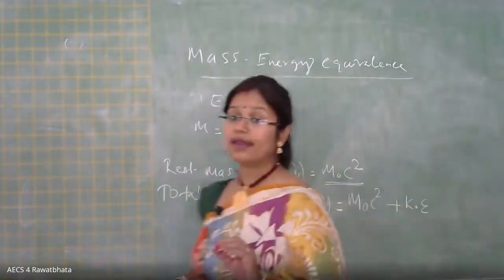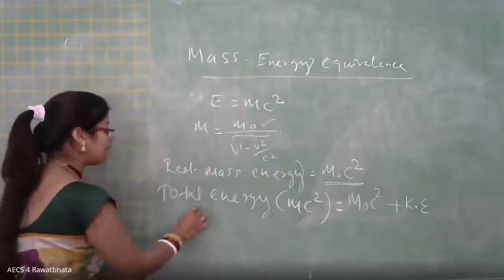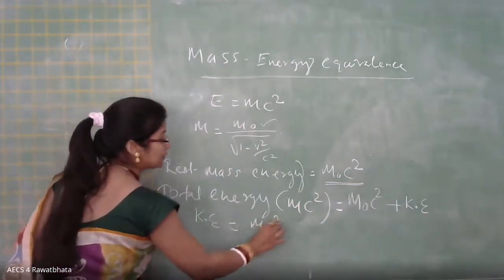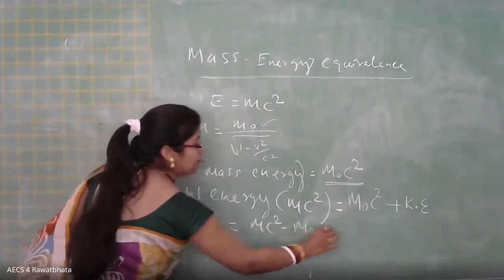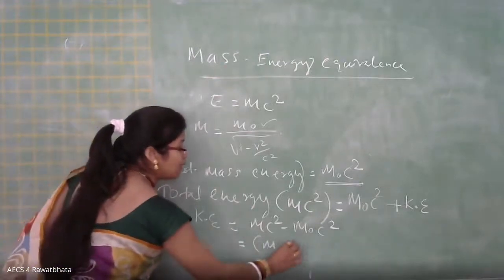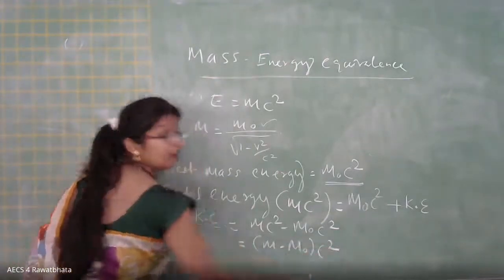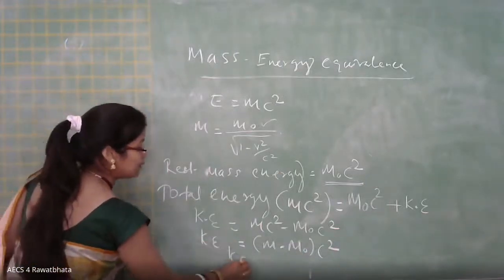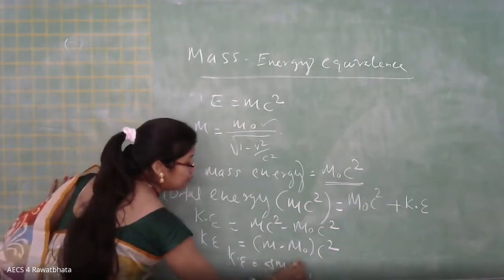From here, if we want to find out the kinetic energy part, the kinetic energy will be mc square minus m naught c square. And if we take c square common, it is m minus m naught into c square. So your kinetic energy will be delta m c square.